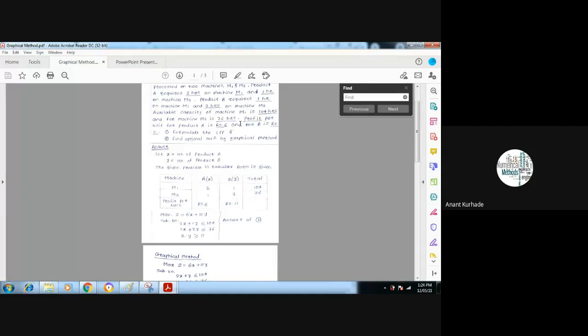If this problem were with minimization, then you would find the lowest value. Since it is maximize, you have to find the maximum value. So this is the answer to the first part of the first question, formulate the LPP.